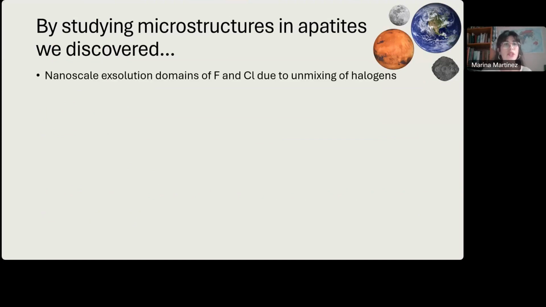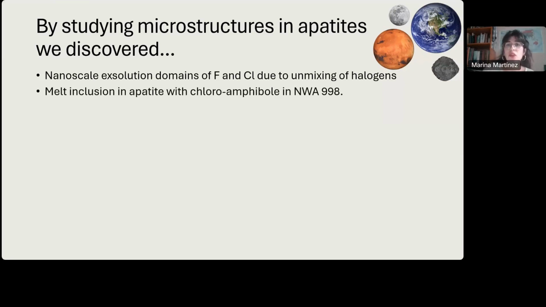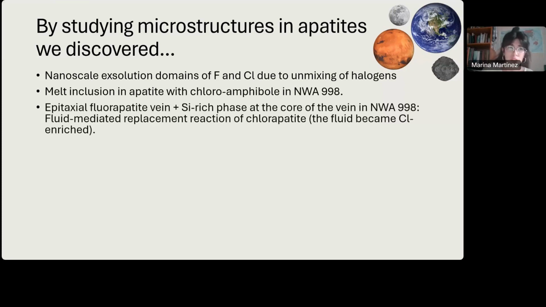I will show that we found nanoscale exsolution domains of fluorine and chlorine due to unmixing of halogens. We'll show a melt inclusion in apatite with chloroamphibole in an acapulcoite. I will also show an epitaxial fluorapatite vein plus a silica-rich phase at the core of a vein in Northwest Africa 998. All of these were observed for the first time in an apatite at these scales.